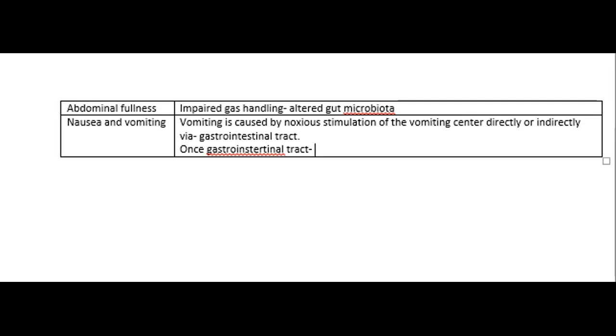Because of the stimulation, the receptors in the GIT are activated, and the neuronal pathways lead to the vomiting center.